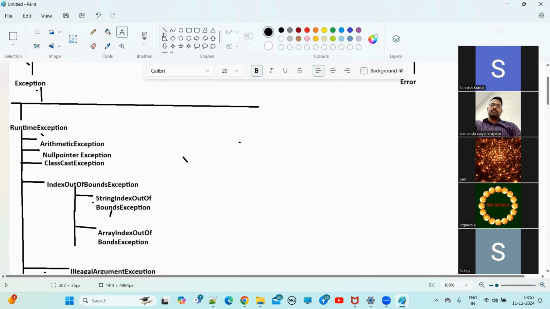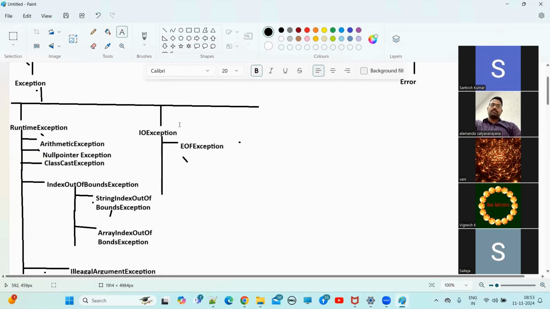In the same way, we have one more child class for Exception. What is the child class, guys? IOException, input output exception. For IOException, again we have child classes. What are those? The first one, EndOfFileException, EOF.